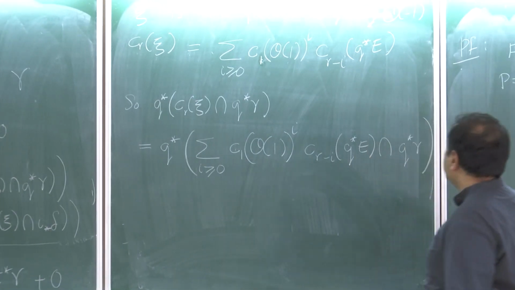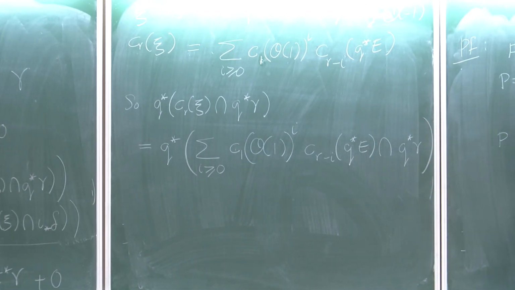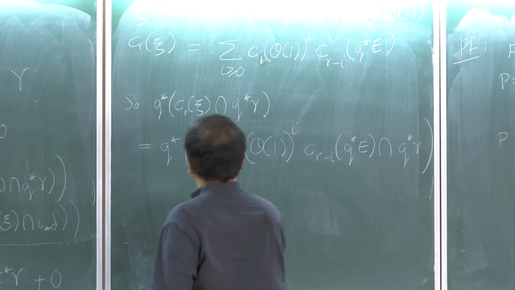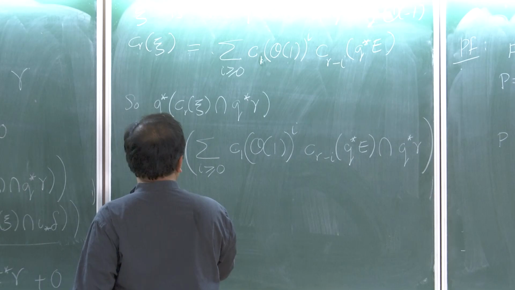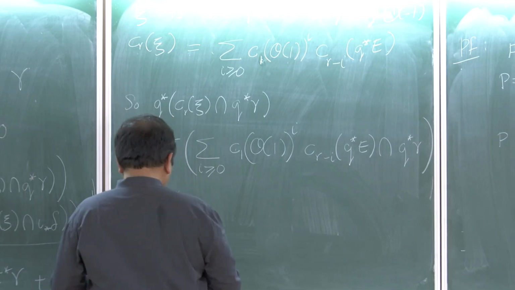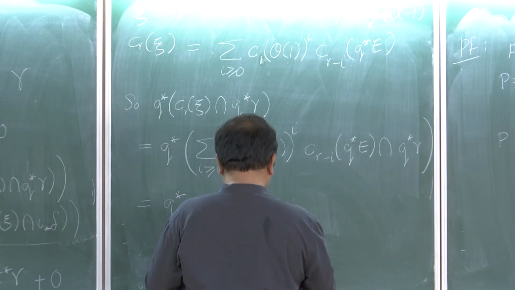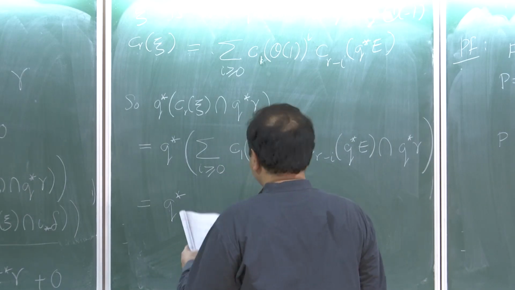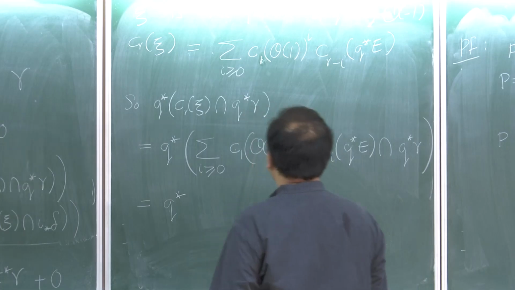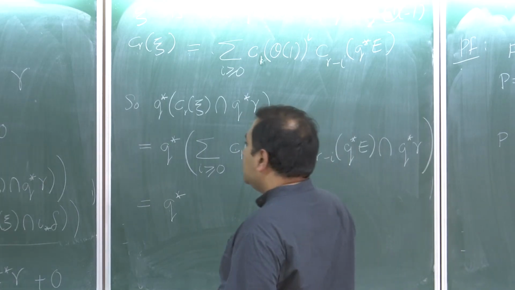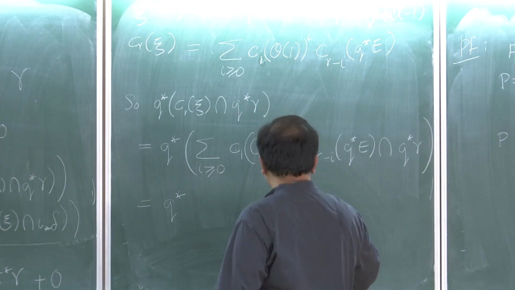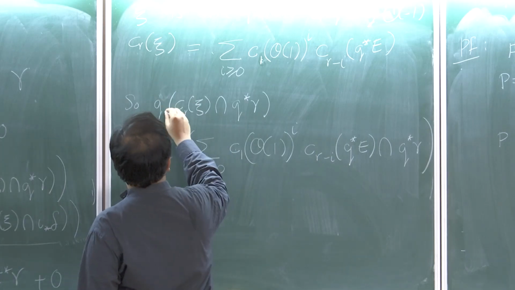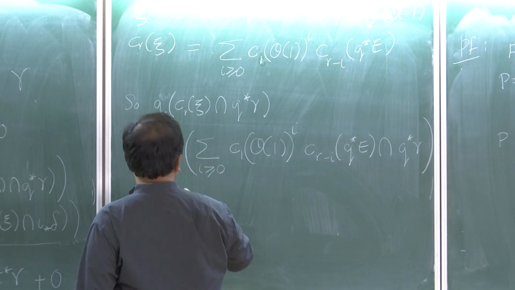And we know how Chern classes behave with respect to flat pullbacks. So that is what we apply to Q over here. Wait, what did I do? Yes, there should be a lower star somewhere. This was supposed to be lower star. This was also supposed to be lower star.